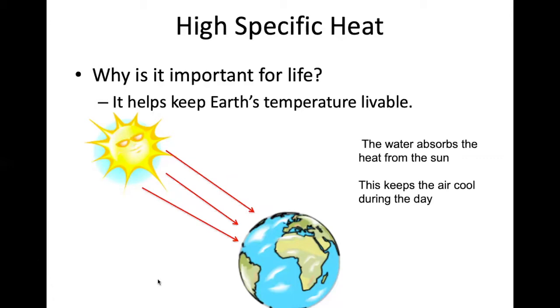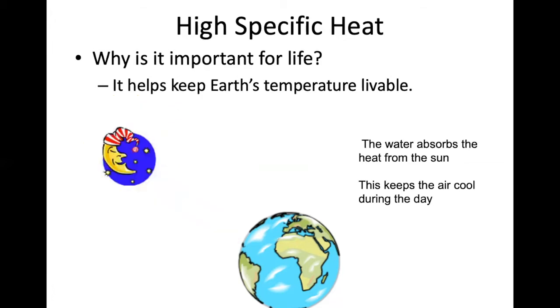This cold water stays cold, despite the fact that the sun is heating up. I mean, it gets a little warmer, but not as hot as you think it would. And cooler water keeps the air cool. So we stay cool and we're happy.